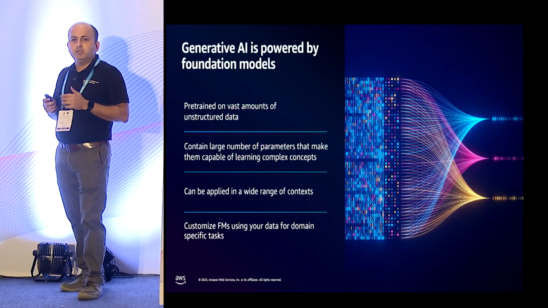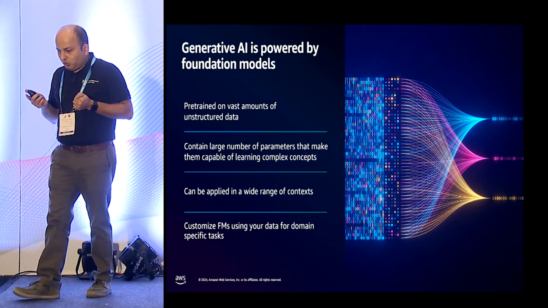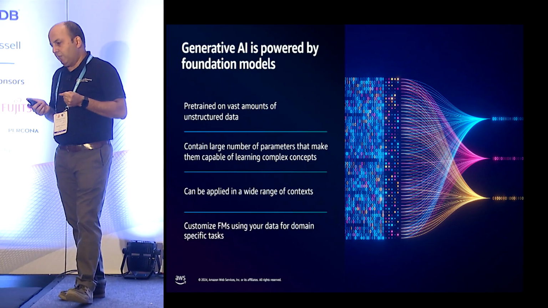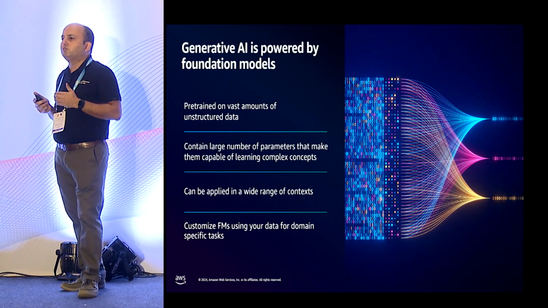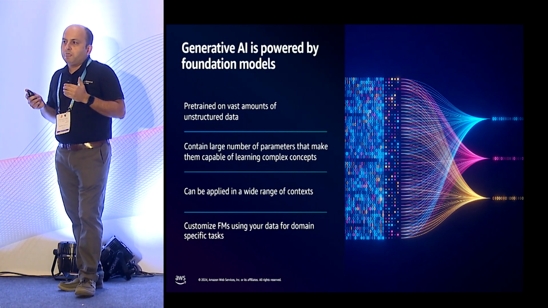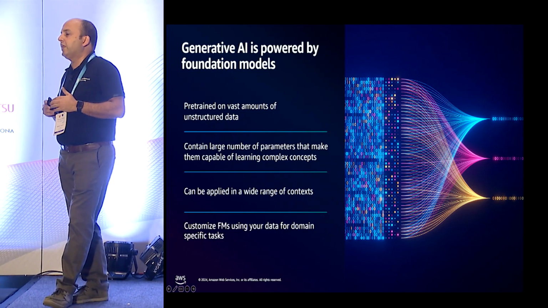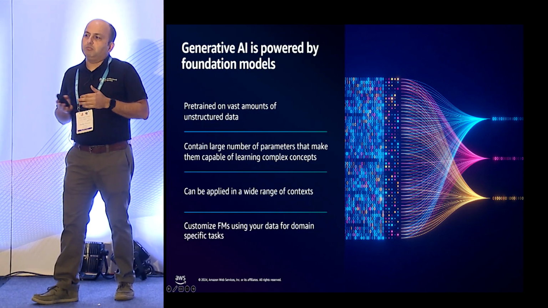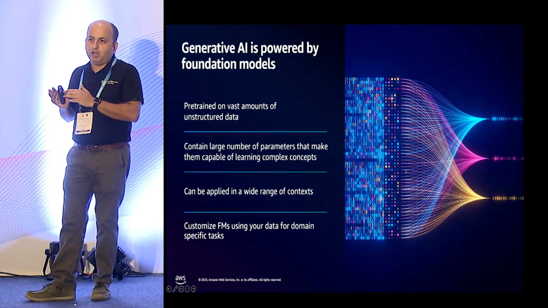So what is generative AI powered by? It's basically powered by the foundational model. These foundational models are basically trained on a large internet-scale, vast amount of generalized text data. But before the foundational model, the norm was to build the AI model on a domain-specific task and on a large amount of labeled data.